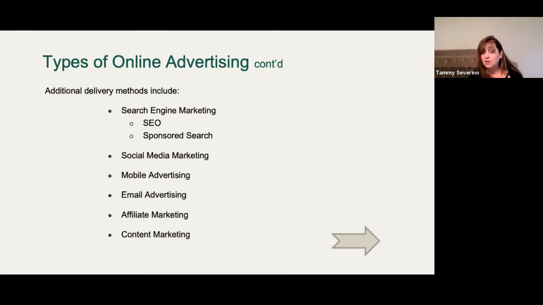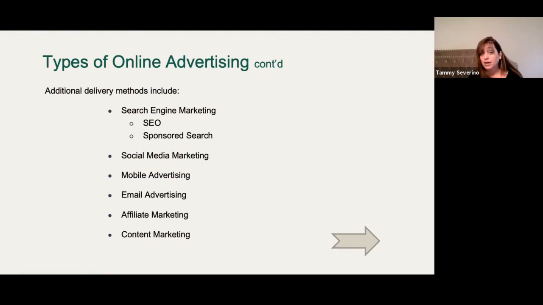You have email advertising, where you are sending out sponsored content via email to your house list or to a purchased list that you are permitted to use for a finite window of time or a finite number of uses. You have affiliate marketing, which is working with a partner company that you are collectively approaching. So it's done in tandem with an affiliated firm.